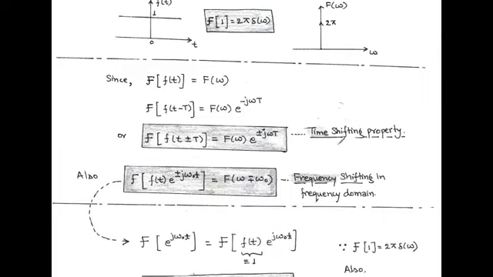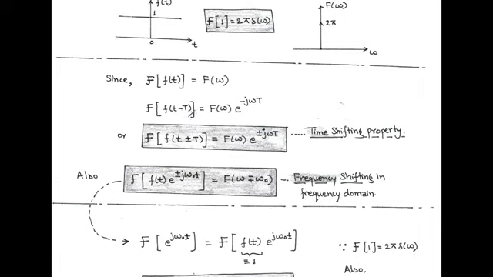Next we discuss the time shifting and frequency shifting property. As we know that the Fourier transform of any function f(t) is equal to capital F(omega), and if there is a shifting in time domain, that is the Fourier transform of f(t minus T).